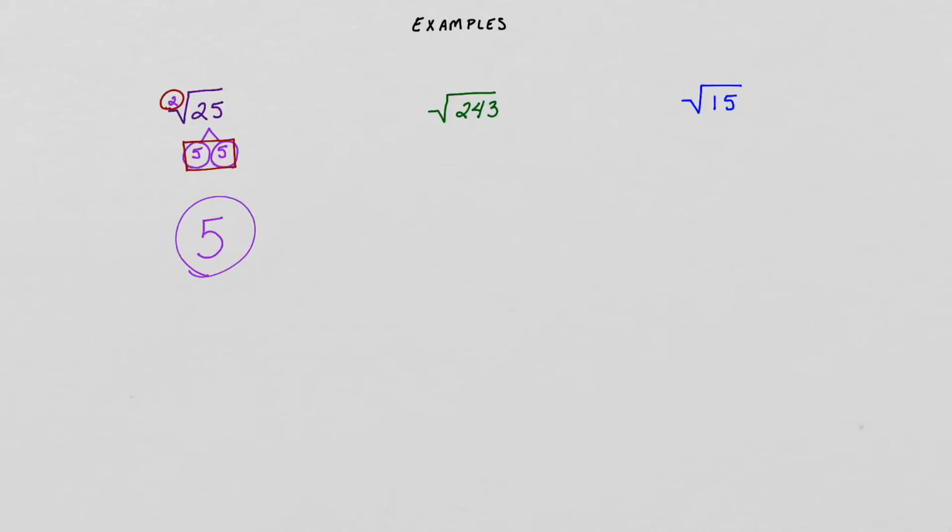Now let's try our hand at the square root of 243. Again, if we're using prime factorization, we want to think first what two numbers can multiply together to give me 243. Just as one example, we could note that 243 will break down into 3 times 81. Really quickly, you might be asking, how did I know that?